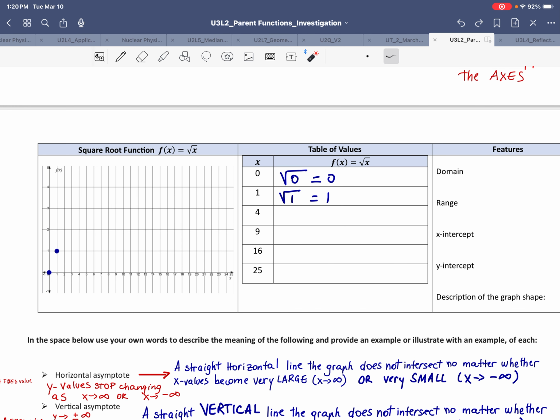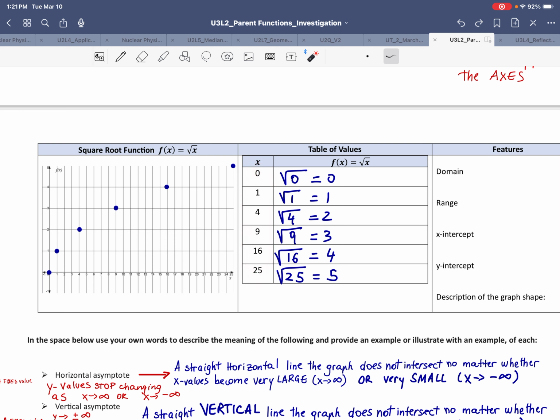I'm going to plot the points, so 1 and 1. When x equals 4, y is the square root of 4, equal to 2, and the square root of 9 equal to 3, the square root of 16 equals 4, and the square root of 25, which is equal to 5. Now, I want you to look at these numbers one more time and think, what kind of numbers did we select in here?